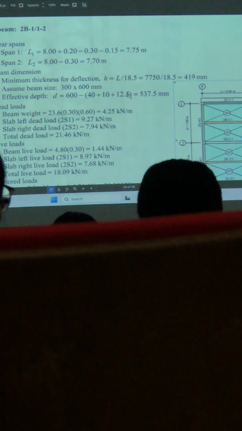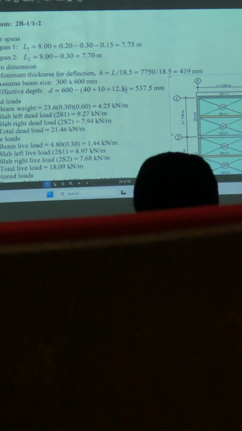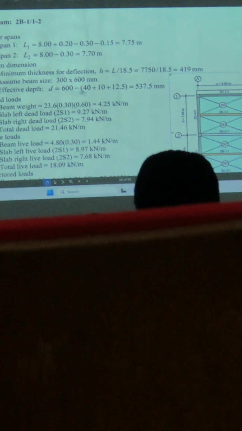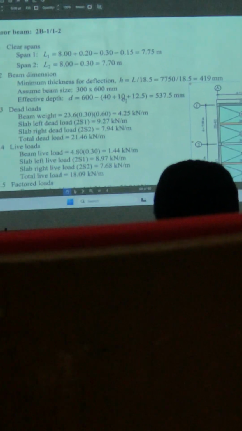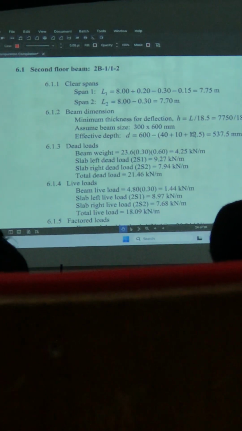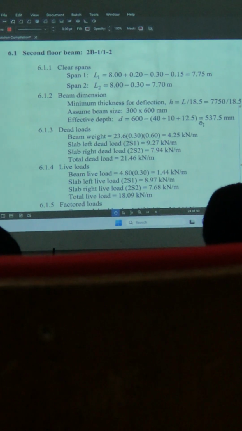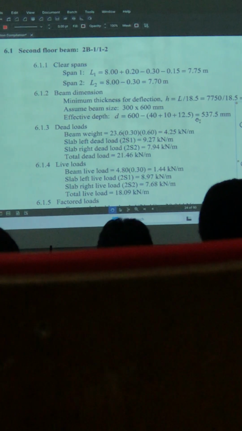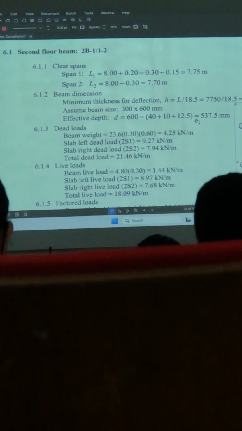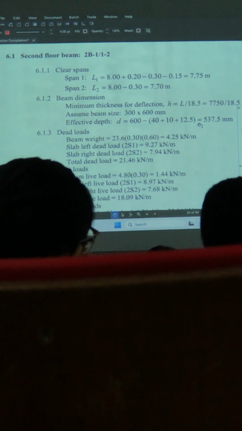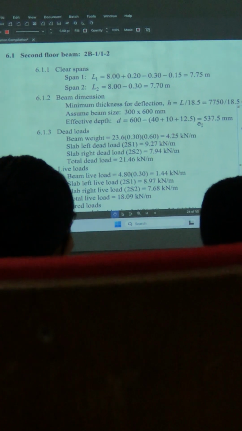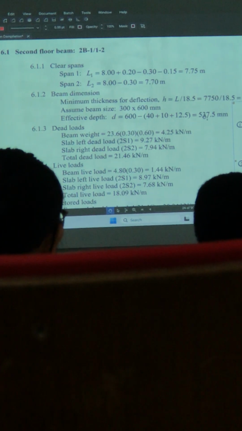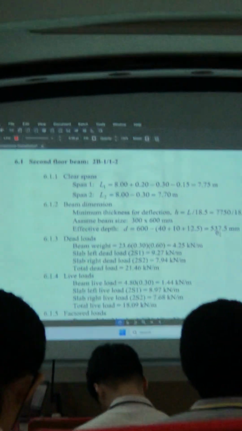Assuming a bar diameter of 25 millimeter, half of that will be 12.5. Just assume a size. So we get the tentative value for the effective depth equal to 527.5 millimeters.